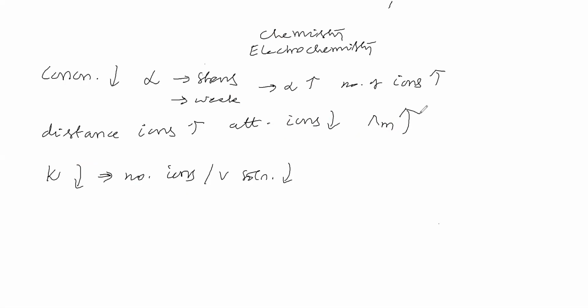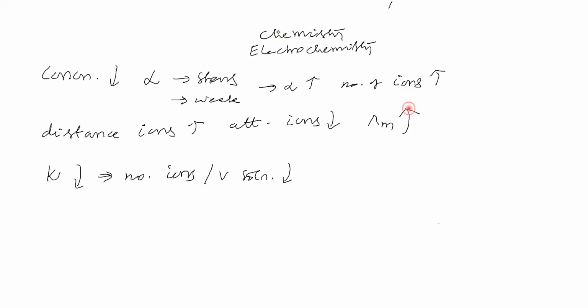Shall we say the distance between ions increases, the attraction between ions decreases, and the number of moles of ions increases? That means lambda m increases because alpha increases, the number of moles of ions increases, the distance between ions increases, and the attraction between ions decreases.